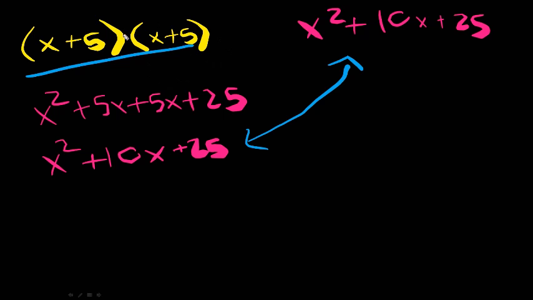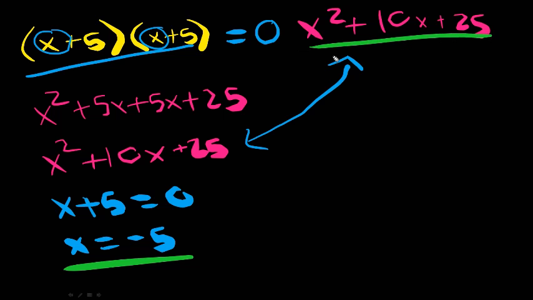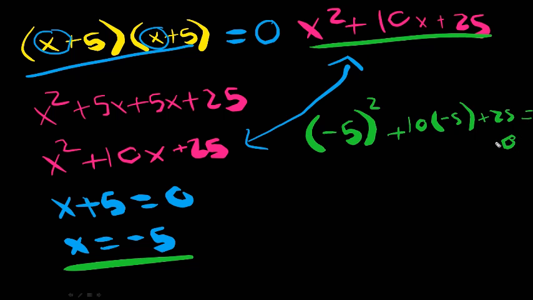Another way you can check is to check the value of x. You can get the value of x by setting this factored equation equal to 0 and then solving for x. Take one of the parentheses, x plus 5 is equal to 0. X is equal to negative 5. Now you can plug negative 5 into the equation right here and see if that's correct. So negative 5 squared plus 10 times negative 5 plus 25 is equal to 0.